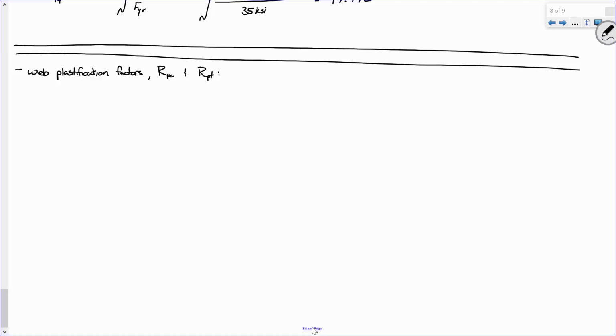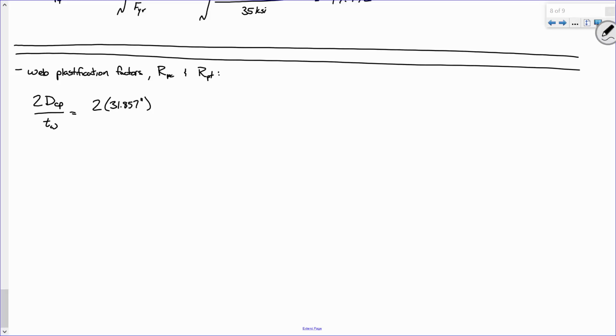The first thing that we've got to do is compute an actual web slenderness value at MP. So we compute 2 DCP over TW. That's 2 times, if memory serves me correctly, 31.857.